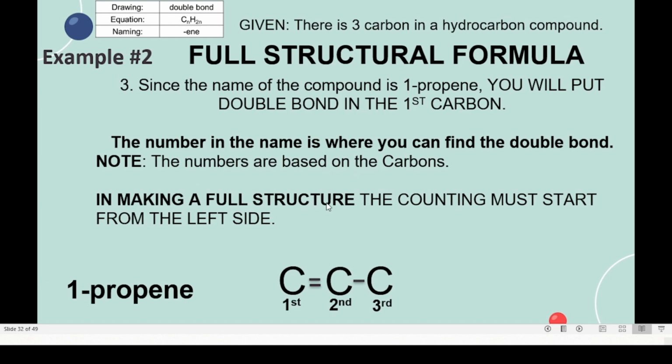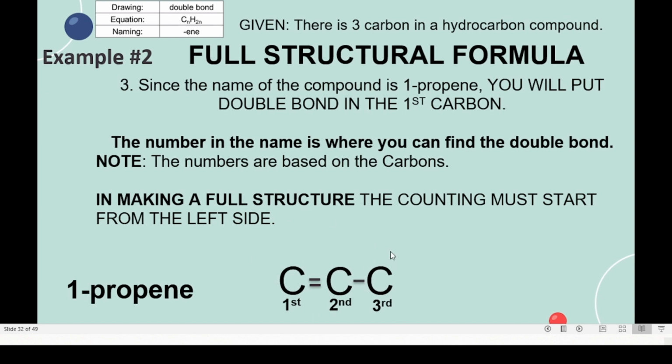So in making a full structure, the counting must start from the left side. So this is carbon 1, carbon 2, carbon 3. Now, the given here is 1-propene. So this number represents where you can find the double bond, and it is on the first carbon, which is this one. So you put a double bond there, then the rest are single bonds.